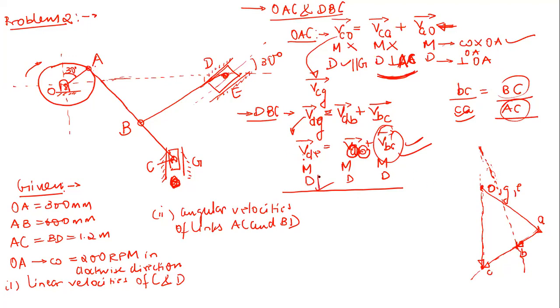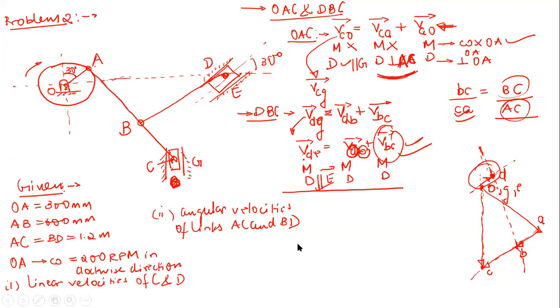So this VDE vector will always be parallel to this point E, right? So through this point E, draw a line which is parallel to this. Now this is your point D. Now you can easily say this is your OD, and this is the vector which we actually need.